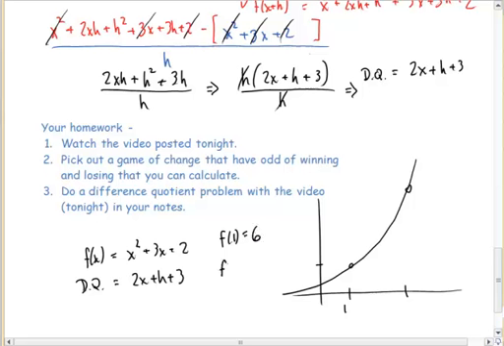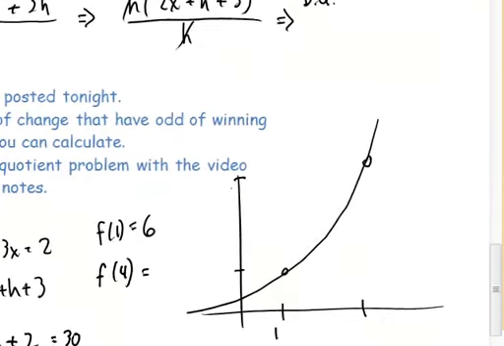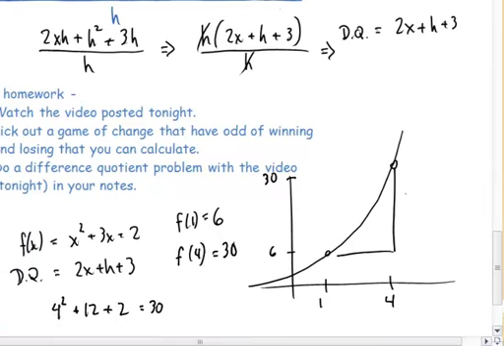And if I knew the value at, let's say, 4, that would give me a value of 4 squared plus 12 plus 2, that would be 30. So the slope between these points would be 24 on 3, or the slope would equal 8.